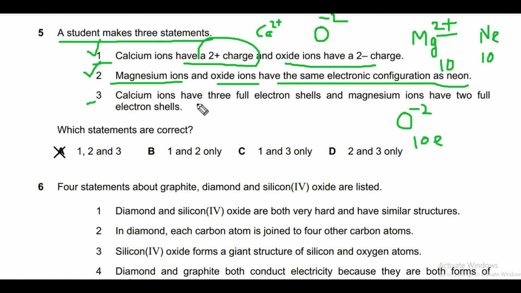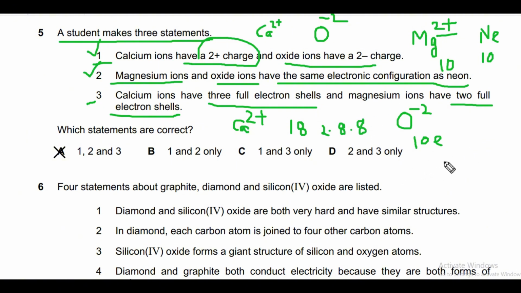Number 3, calcium ion has 3 full electron shells and magnesium ion has 2 full electron shells. Yes, this is true. Calcium ion Ca2+ has 18 electrons, 2 8 8, 3 electron shells.